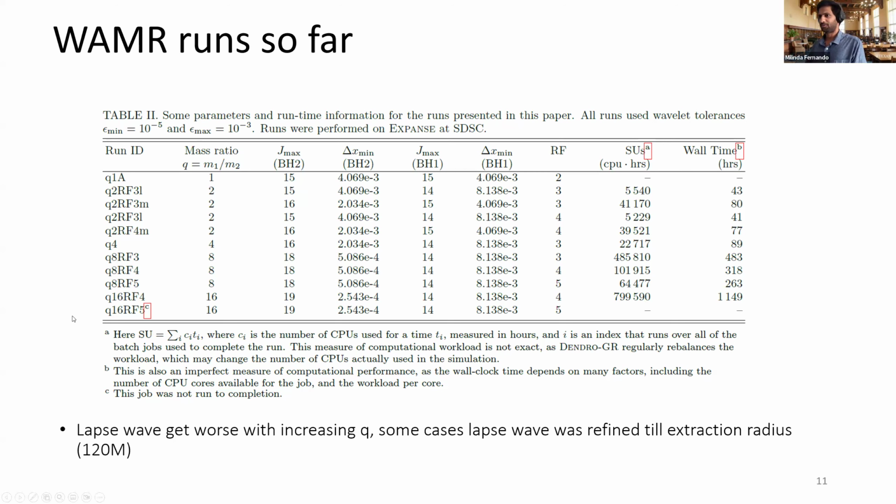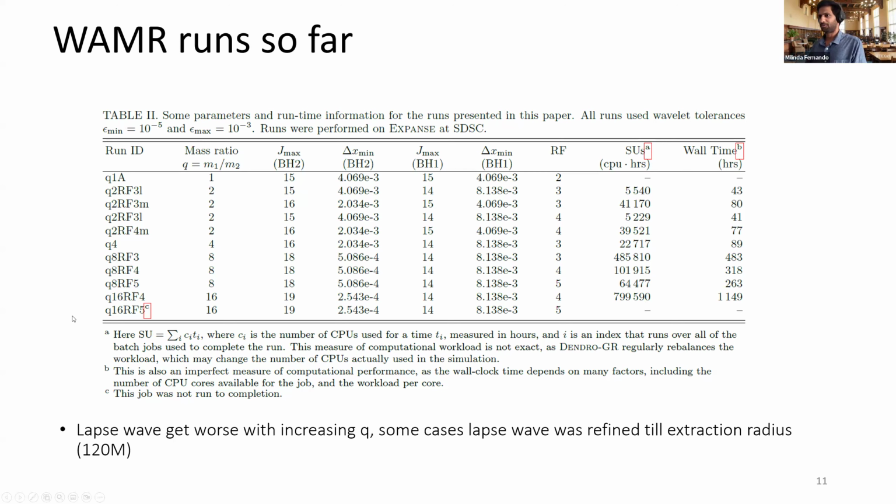So in order to improve this refinement strategy, we also found that if you use only the wavelets and compute the higher order spherical modes of the extracted gravitational waves, they decay pretty fast because they have lower magnitude.